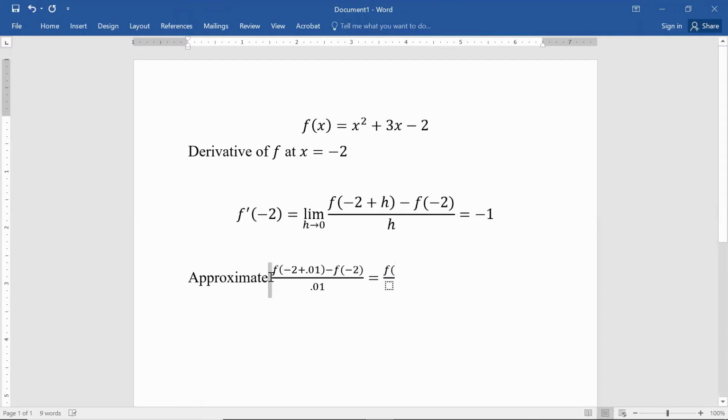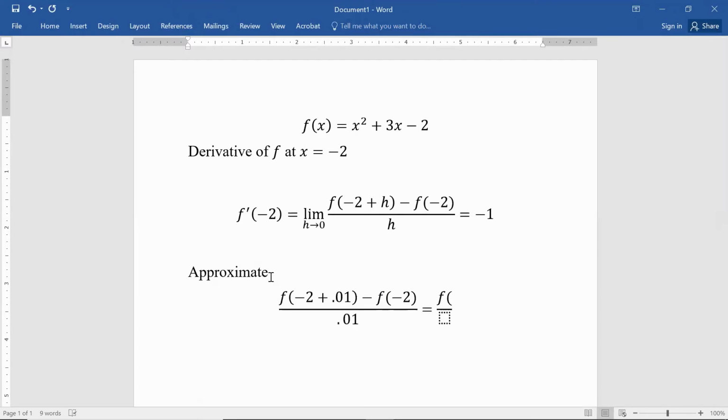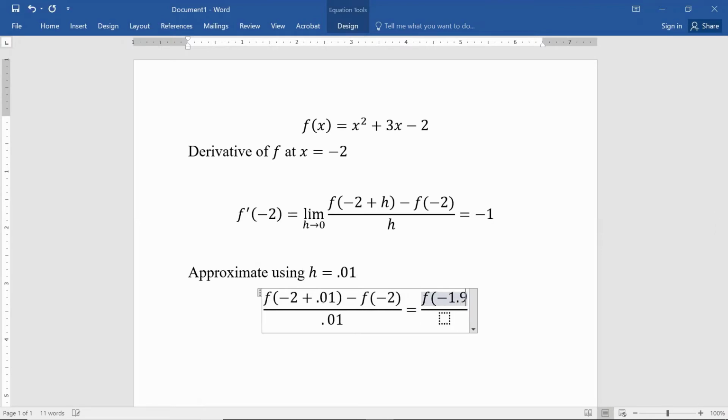Now, if we do this, I want to just say, for the record, x is -2. So in the numerator, -2 plus 0.01 gives us -1.99. Then we're going to be subtracting f of -2 and then dividing by 0.01.